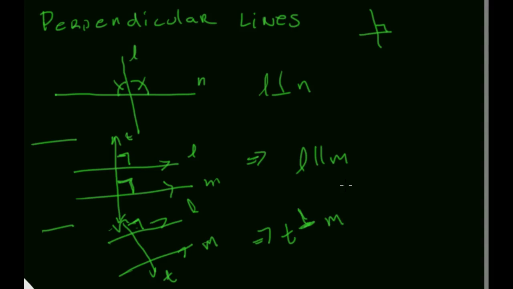So that's kind of like undoing the theorem that we just did. I think in the notes I have the last two theorems in the opposite order if you're trying to follow along with that, but they're both there.